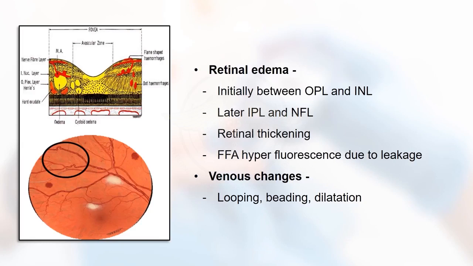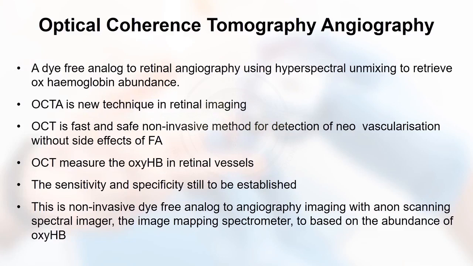Just find out optical coherence tomography angiography. In fundus fluorescein angiography we use a dye. The dye is injected, and because of the dye we delineate the vascular channels and the different pathologies can be determined. But the dye sometimes is harmful.